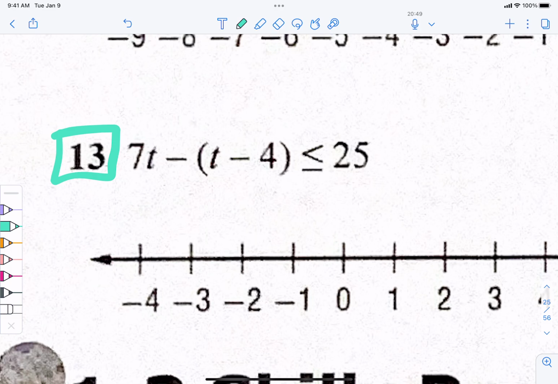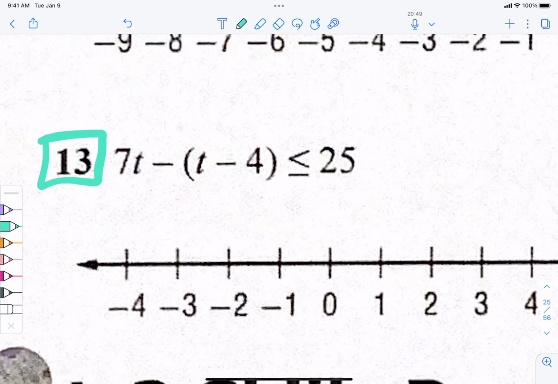So the deal here is that everybody sees those parentheses and they distribute the 7t through. Wrong. There is a -1 right here in front of the parentheses, right? If there's just a negative, you presume it's -1. So we're going to distribute the -1 through. So 7t, he's just going to chill out. What's -1 times t? -1t.